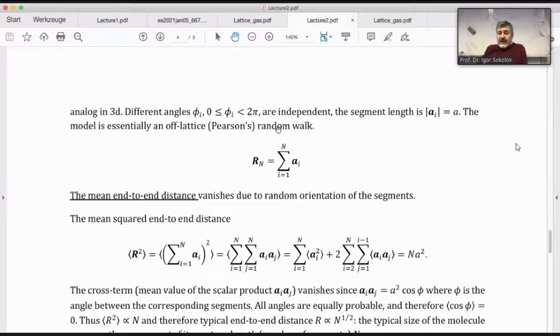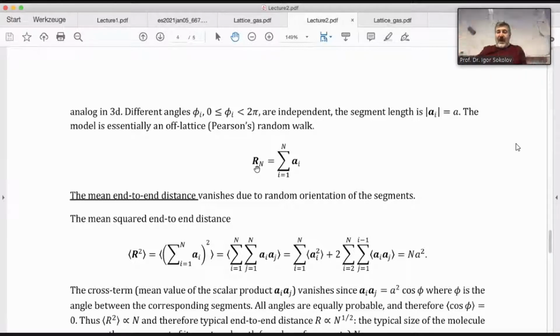So what I have is the displacement: I start at the beginning, this is n equal to 0, R0 is 0, I start at the origin of coordinates, and then I make a random step. One typically says that there is a drunkard, and this drunkard makes steps. Pearson never spoke about a drunk man.